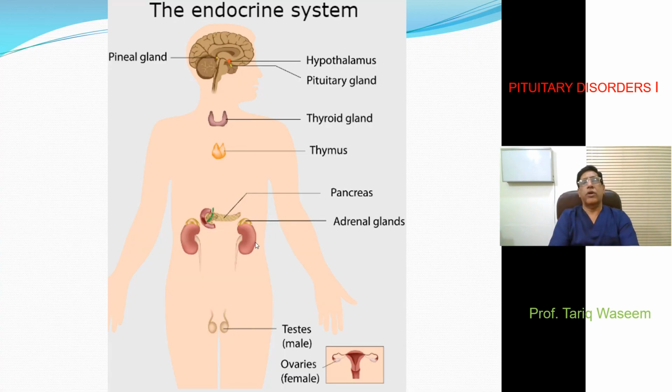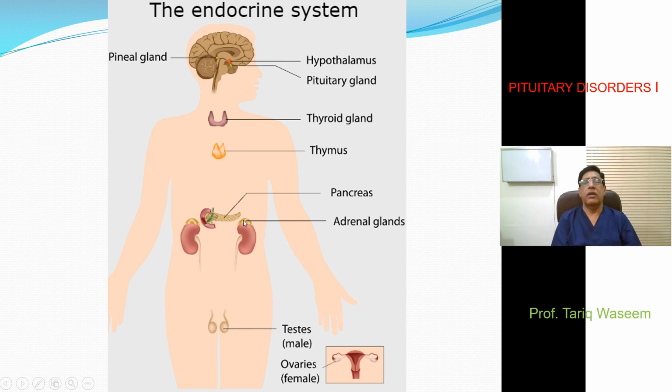This is what you have been familiar with, and you have probably been studying this since your second year of MBBS, that you have a master gland in the form of what we call the pituitary gland, and this master gland itself is under the effect of the hypothalamus. So the hypothalamus and this pituitary gland secrete certain hormones, which then have their effect on the thyroid gland, maybe on the thymus, which is itself a separate entity. Then there is the pancreas, which, as we have already discussed, deals with insulin and glucagon and diabetes control.